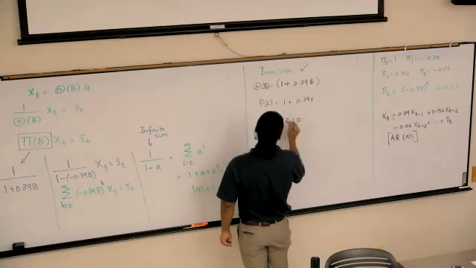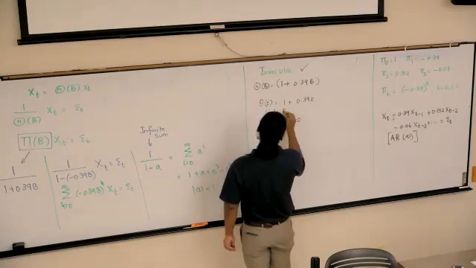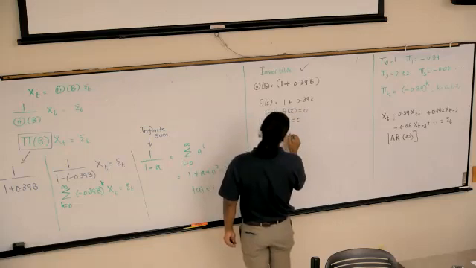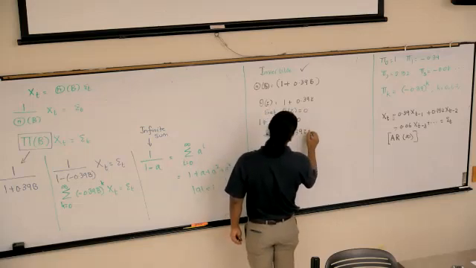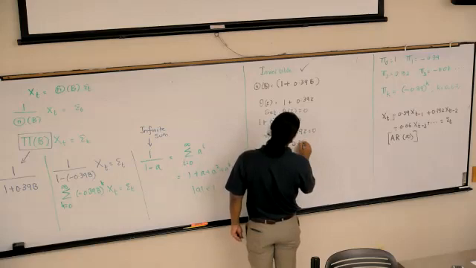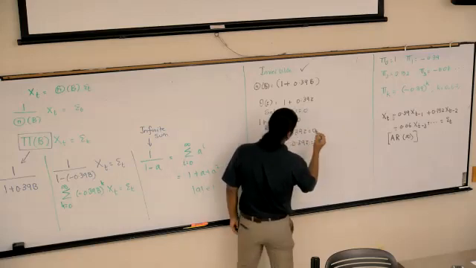If we set that equal to 0, we'll have 1 plus 0.39z equals 0. 0.39z would be equal to minus 1.